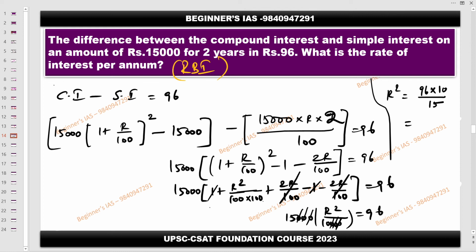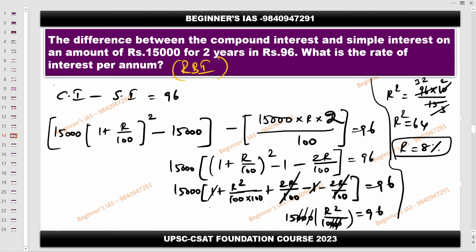We can cancel further, 3 times, 2 times, and 96 with 3 gives 32. Therefore R square is equal to 64, R is equal to 8%. Clear how to proceed with this kind of problem?